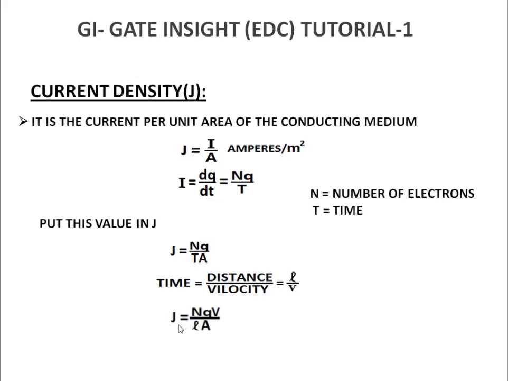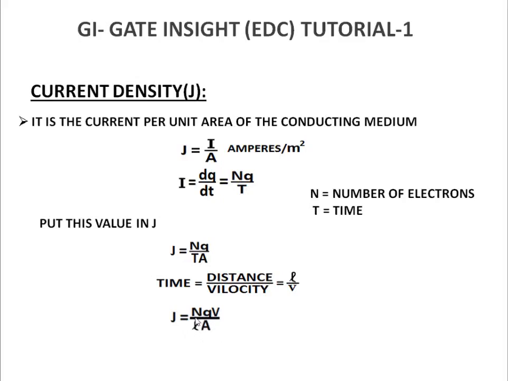We put this value of time t in the above equation and we get the current density J is equal to nqv divided by LA. Now remember that n is the number of electrons, q is the charge, v is the velocity, L is the length or distance and A is the area.